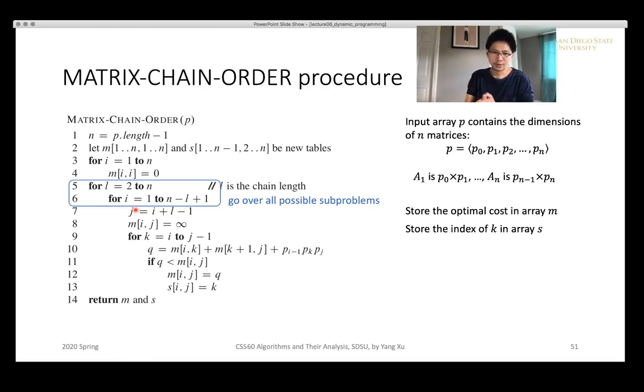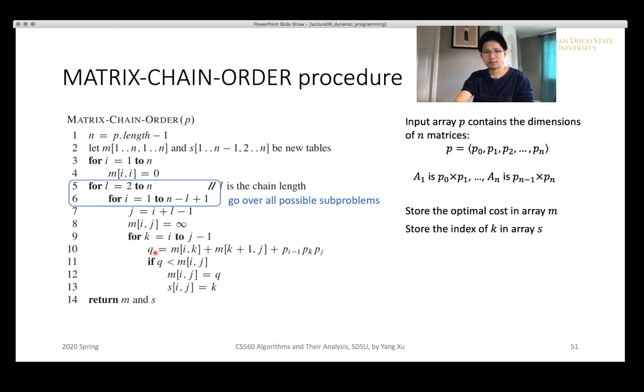In order to solve the subproblem that ranges from I to J, we need to split it using some K, and we want to find the minimal combination of the two parts of the subproblems.